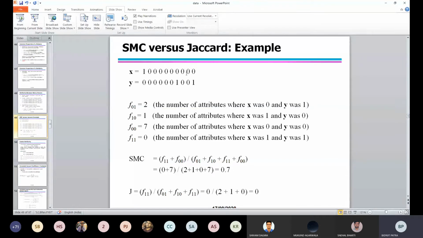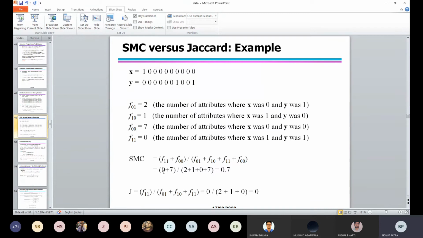So x and y, we have the two objects here. If you go for simple matching, how many times do both agree 0, 0? 1, 2, 3, 4, 5, 6, 7. So we are saying 7 divided by the total number of attributes, which is 10. So 7 by 10.